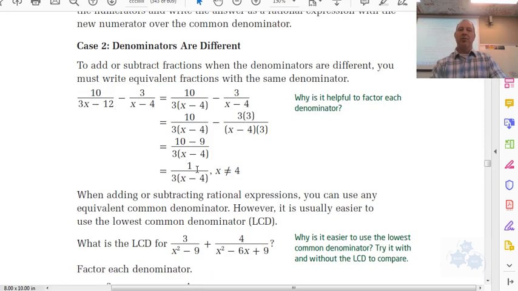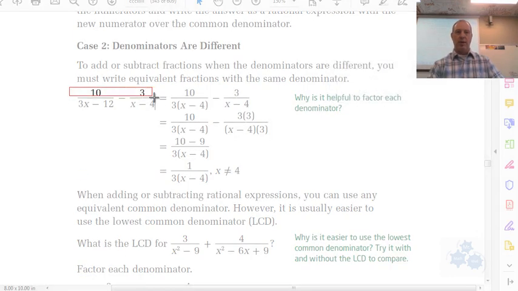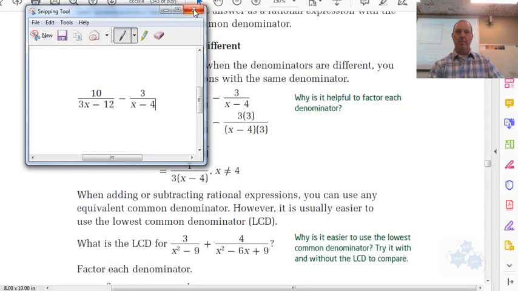If the denominators are different, you have to get a common denominator. And it is helpful to factor first. Instead of just multiplying them straight out, it's a good idea to factor first because you may not have to multiply by such large expressions. So let's actually focus in on this one a little bit. Okay.